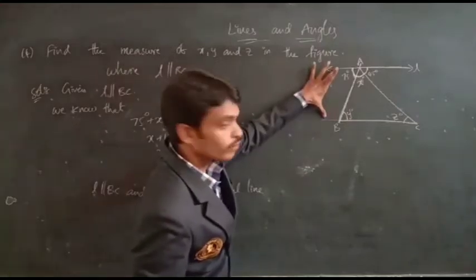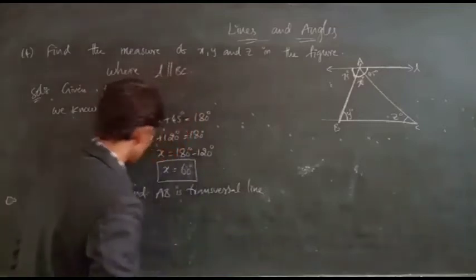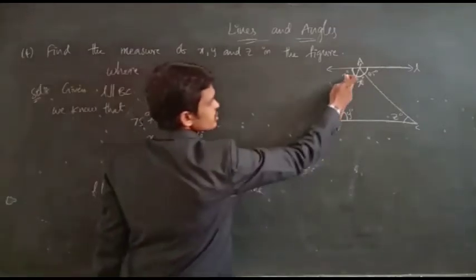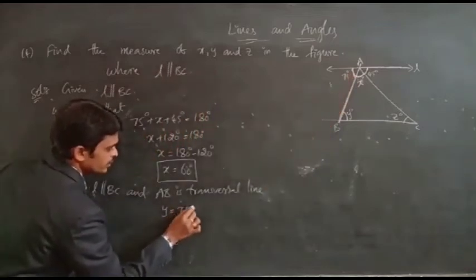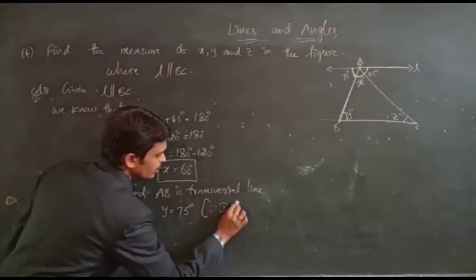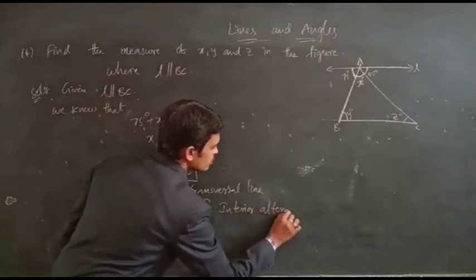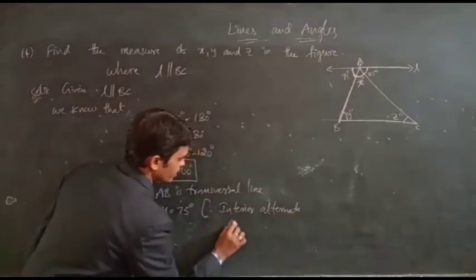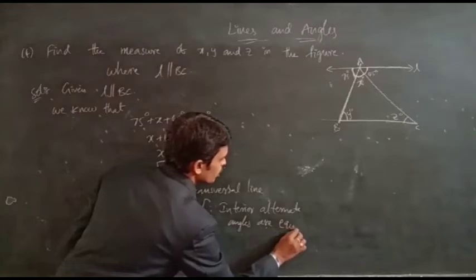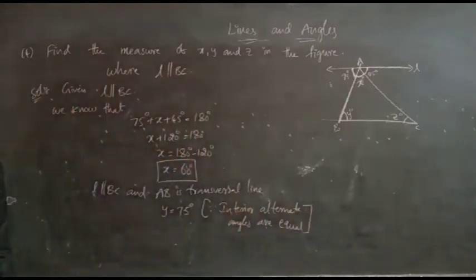So when the two lines are parallel, interior alternate angles are equal. So y is equal to how much? 75 degrees, since interior alternate angles are equal.